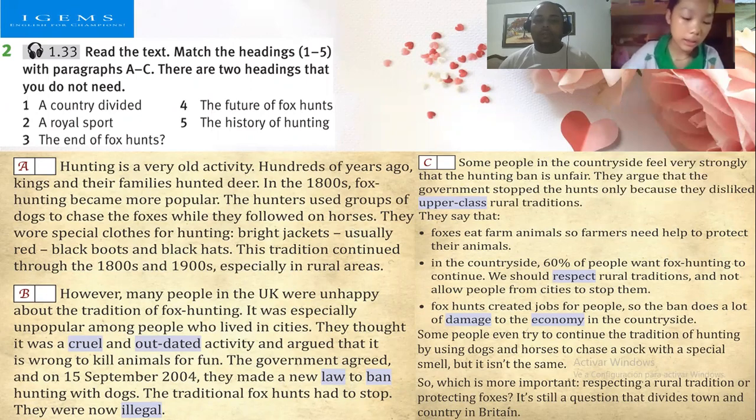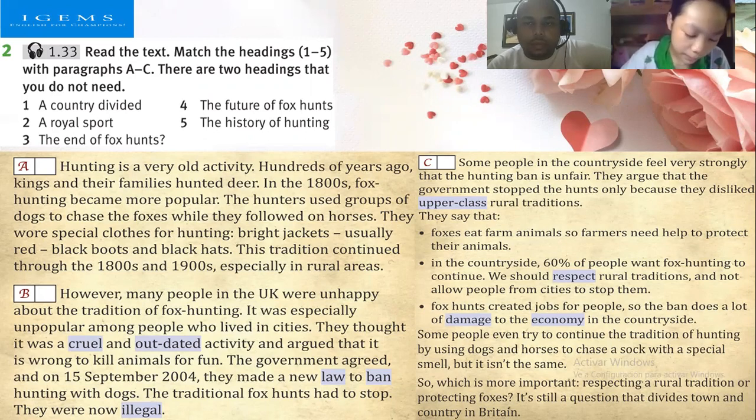Hunting is a very old activity. Hundreds of years ago, kings and their families hunted deer. In the 1800s, fox hunting became more popular. The hunters used groups of dogs to chase the foxes while they followed on horses.